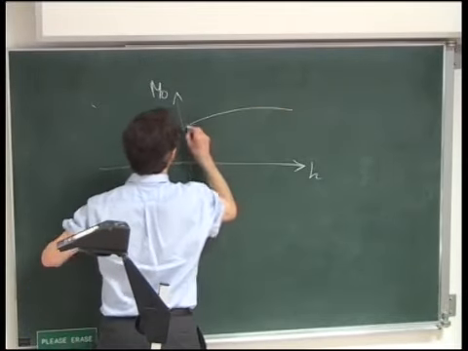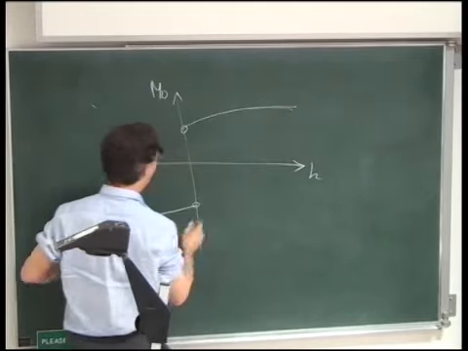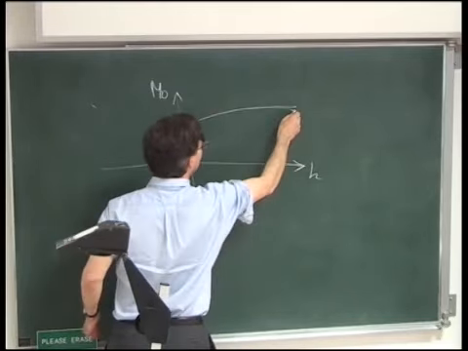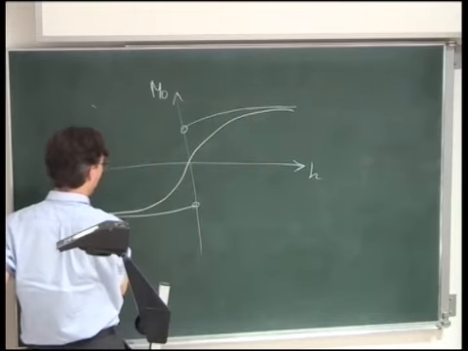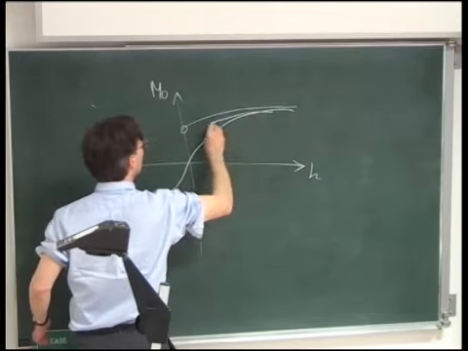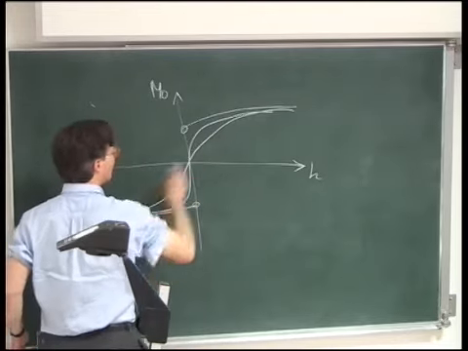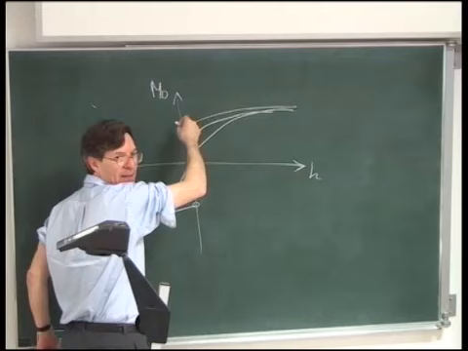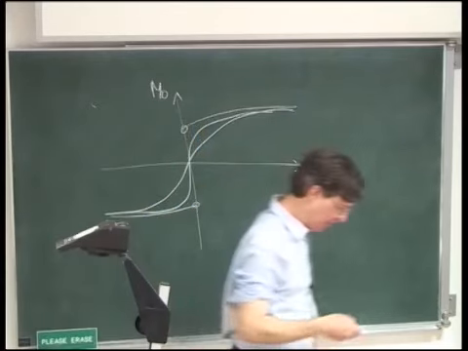This is the infinite volume limit. So what happens in finite volume, in some small volume you get a curve like that. In a bigger volume you get a sharper curve. And in the infinite volume limit it approaches this discontinuous function.